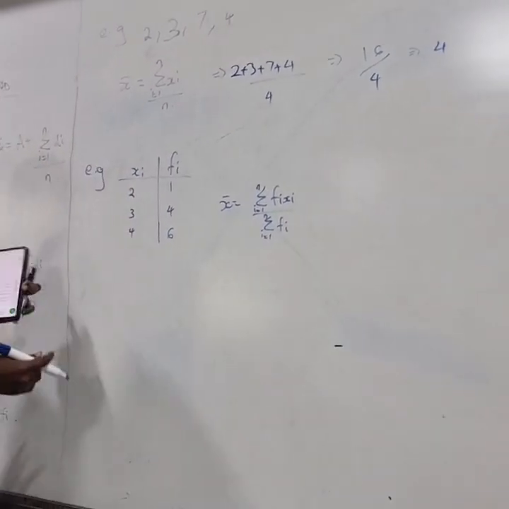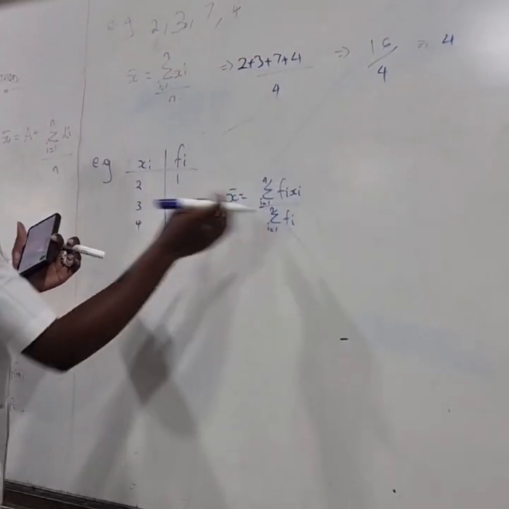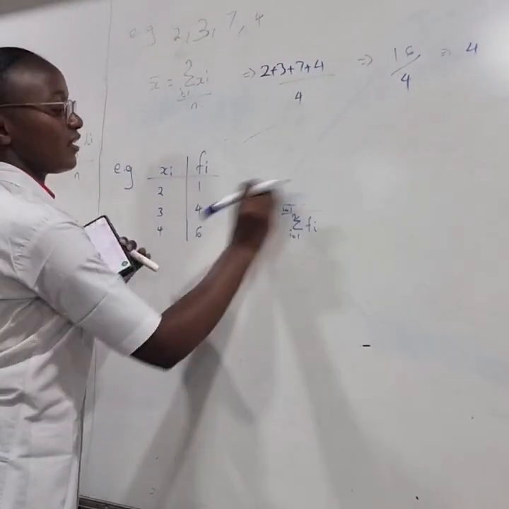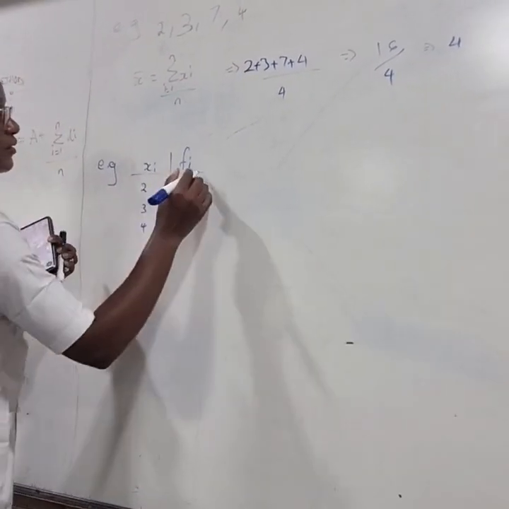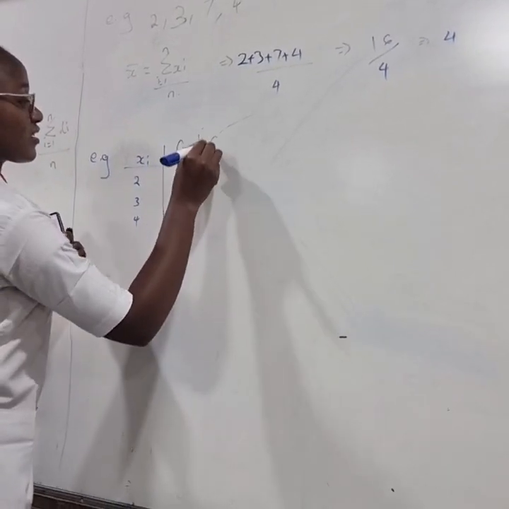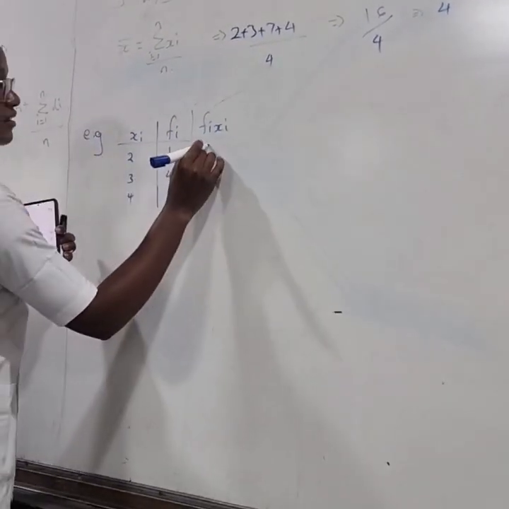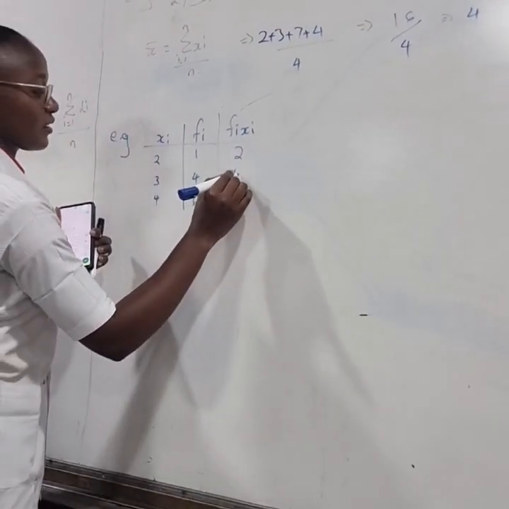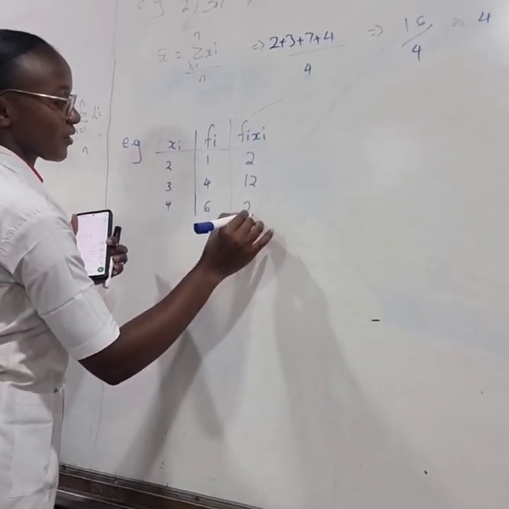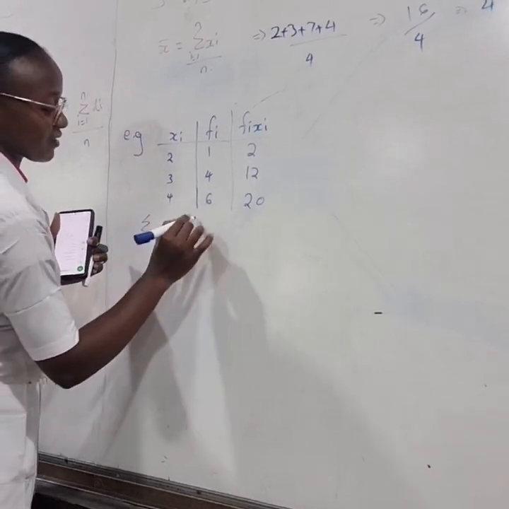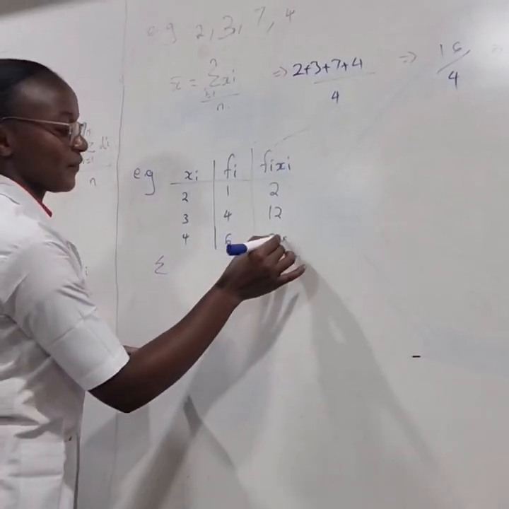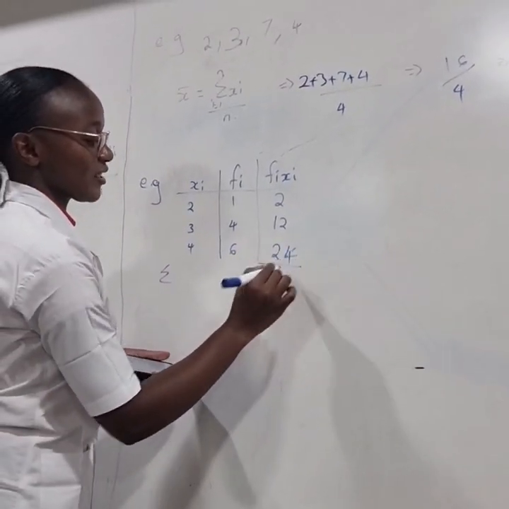In this table, you need to create a different column of fi xi. Fi xi means multiplying these, which will be 2, this will be 12, and this will give you 24. Sorry, this is 24, not 20. My bad.